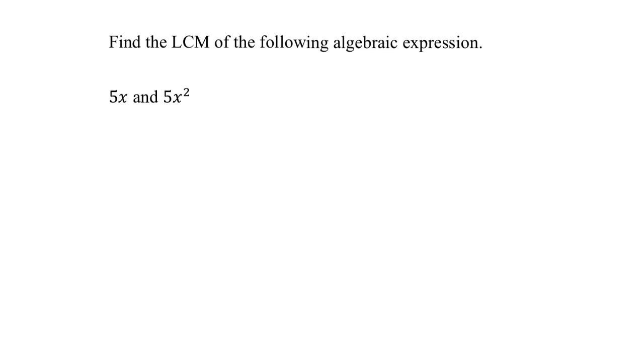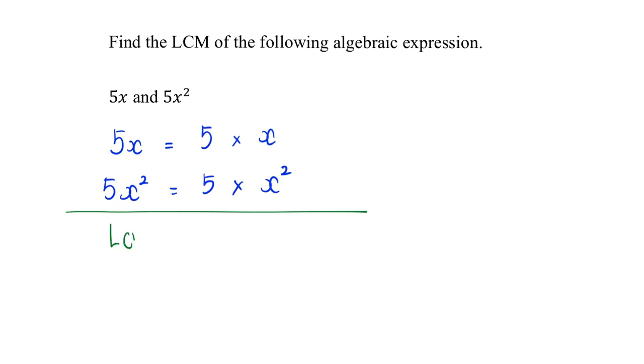Hello everyone, welcome to this video where we are required to find the LCM of the following expression. I'm going to express them in their prime factorization. This will be 5 times x. 5x power 2 is equal to 5 times x power 2.